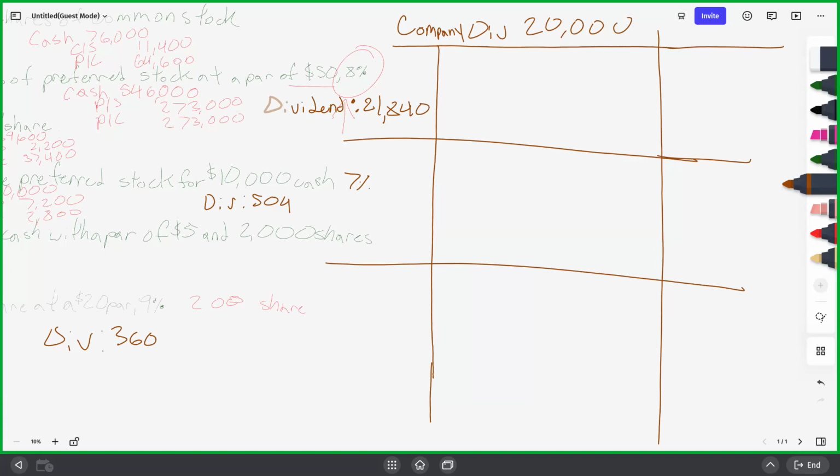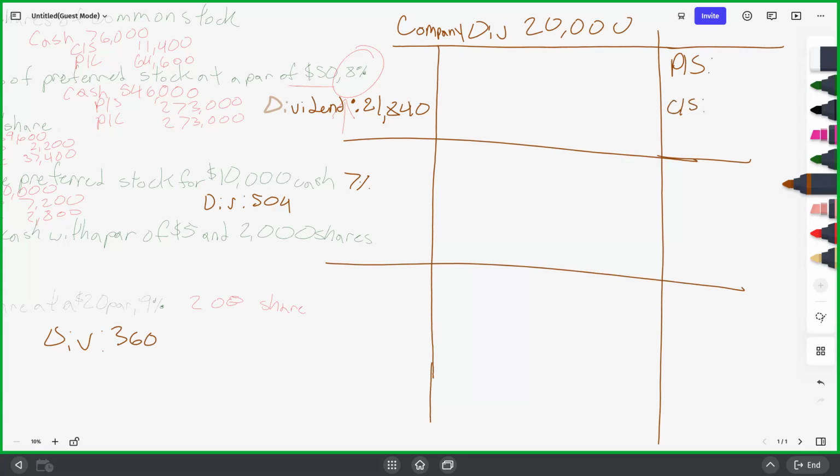I'll give y'all 3 minutes because I threw a lot at y'all. How do you do it? That's okay. So what's our percent? What we're doing is taking these dividend amounts. So this is our preferred stock dividends. I need you to figure out how much preferred stock gets out of 20,000, how much common stock gets out of 20,000.